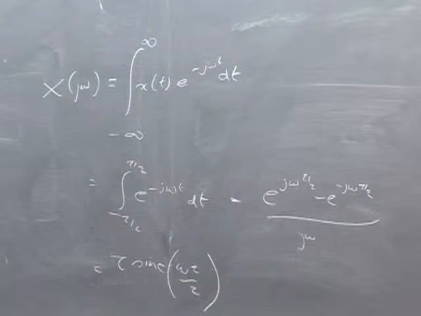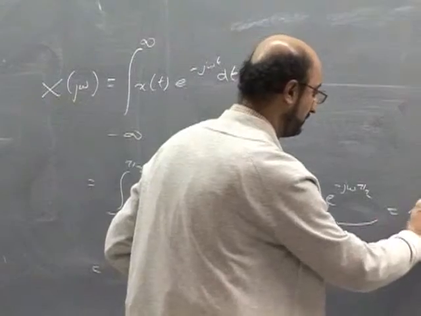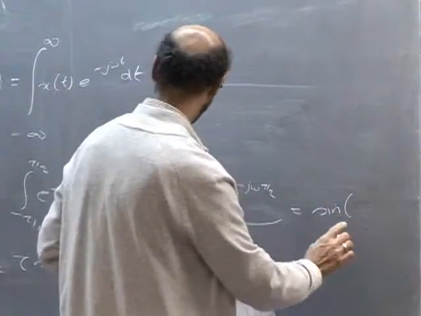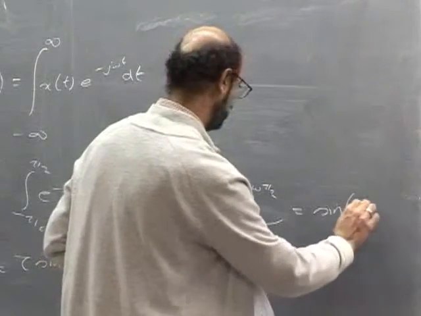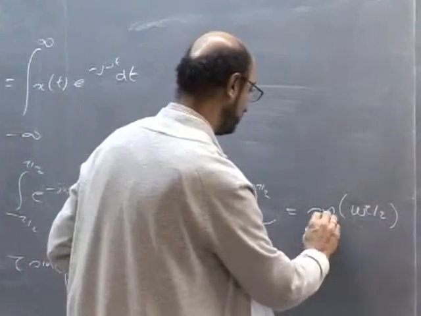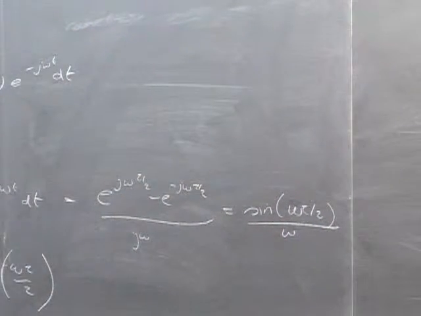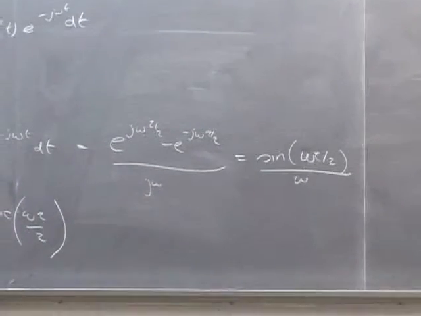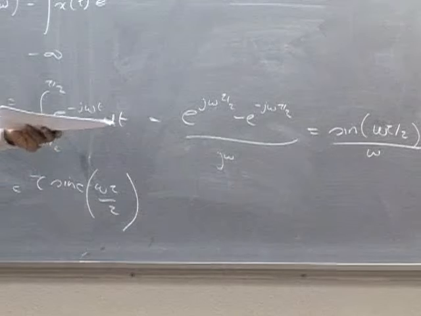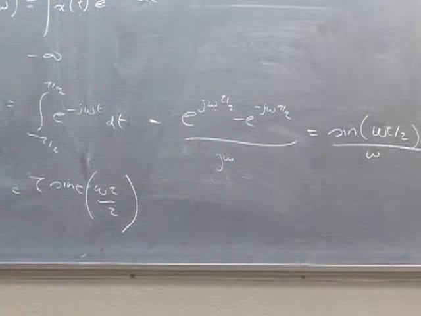So this is going to be sine of omega tau by 2 over omega, and you just multiply above and below by tau over 2, so you'll get sine of omega tau over 2 divided by omega tau over 2, and obviously you get this form over here.